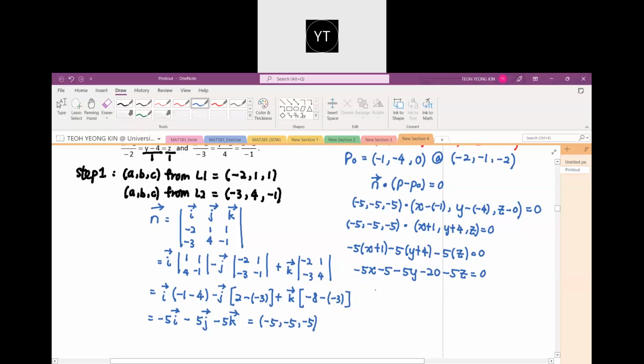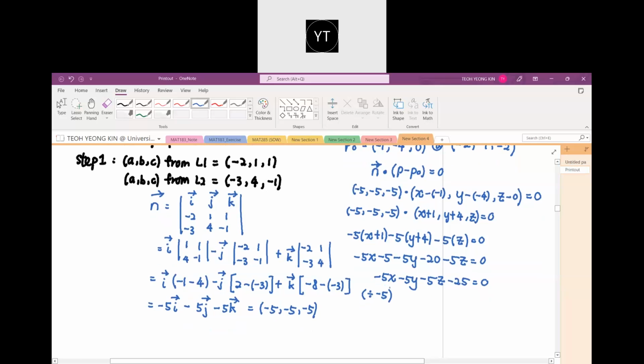We try to arrange here: negative 5x minus 5y minus 5z minus 25 is equal to 0. So in order to simplify and let the variables in positive form, I can divide by negative 5. So negative 5x divided by negative 5 is positive x plus y plus z plus 5 is equal to 0. So here is our equation of the plane.